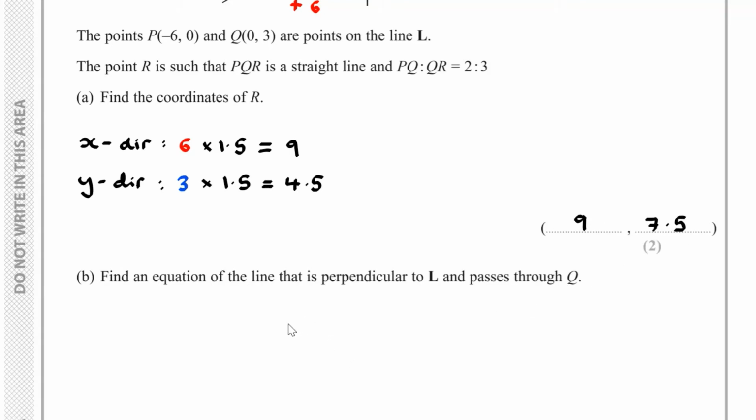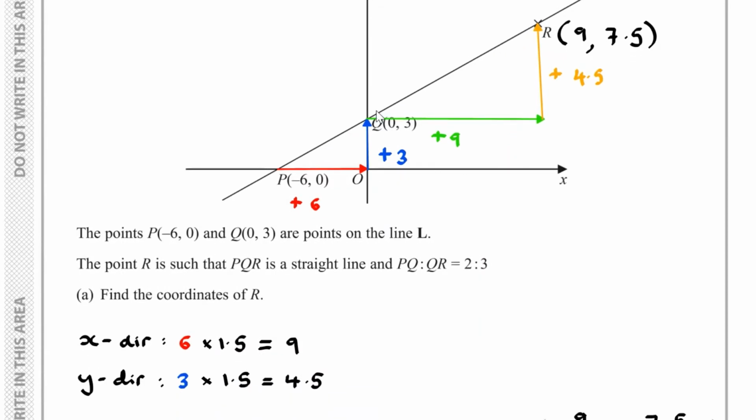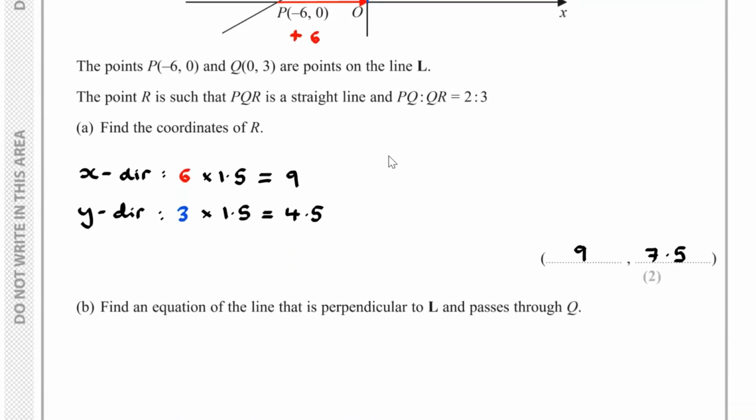And then for part B, we have to find an equation of the line that is perpendicular to L and passes through Q. Well, we want something which passes through Q but perpendicular to L. Well, we can find out the gradient of PQ.